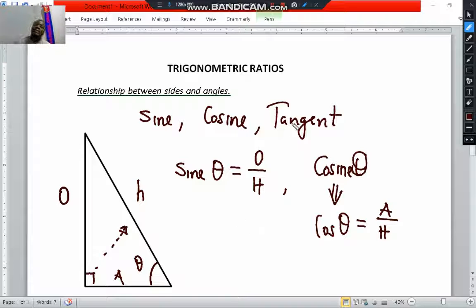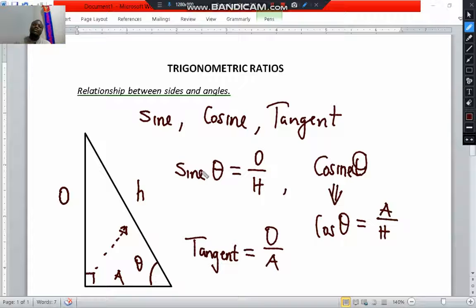Right? Then there's the last one here, which we call the tangent. Now the tangent, which is the trigonometric ratio, is always found by dividing the opposite over the hypotenuse. So you can see that these three trigonometric ratios, they differ by what you divide and what ratio you are dealing with.